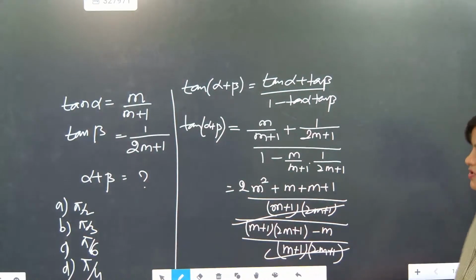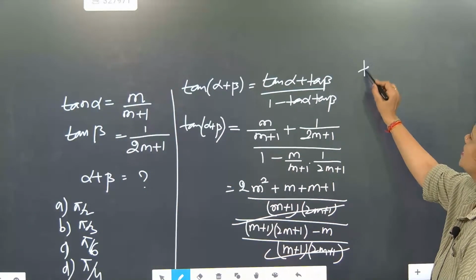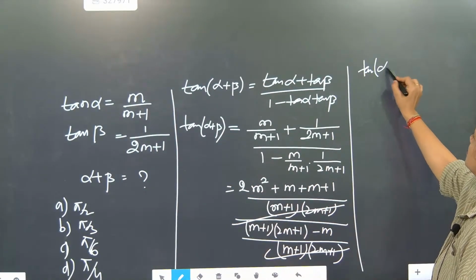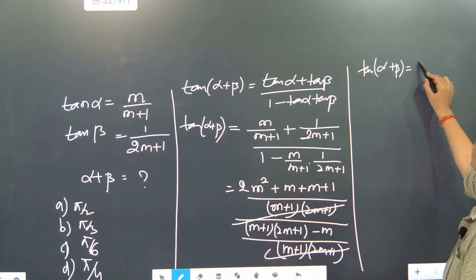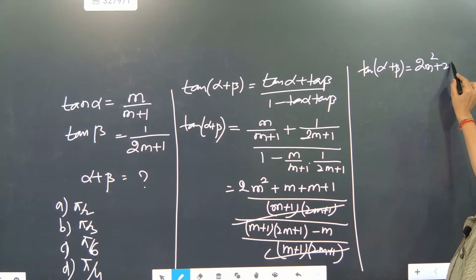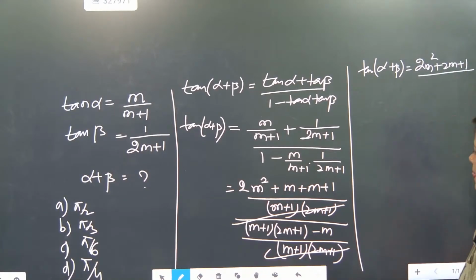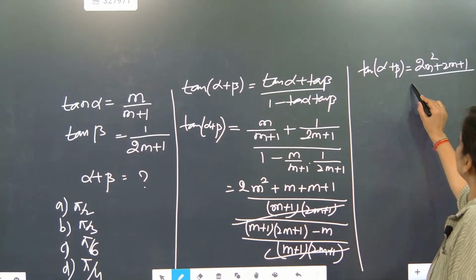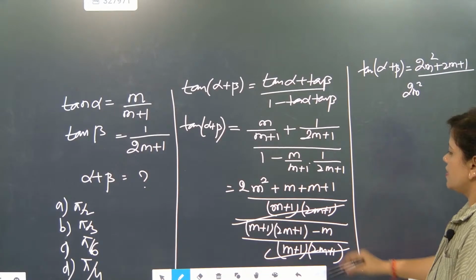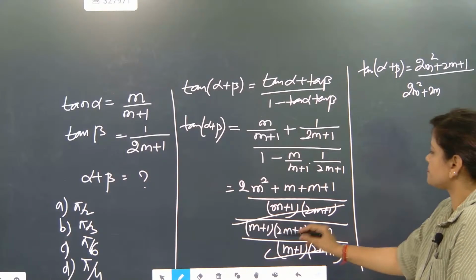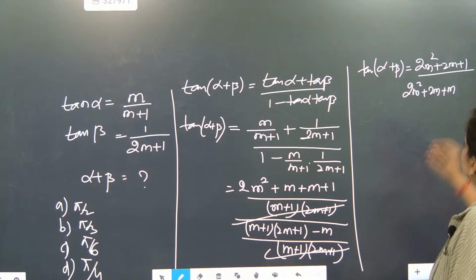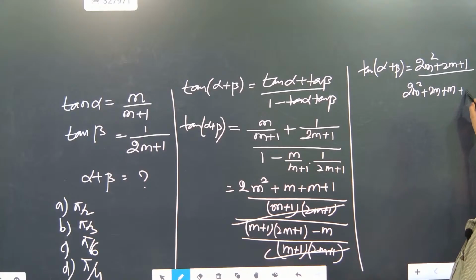Correct? So next what we will do, beta? Tan of alpha plus beta is equal to, this section will be coming as 2m square plus 2m plus 1 by, here we will multiply, it will become 2m square plus 2m plus m plus 1 minus m.